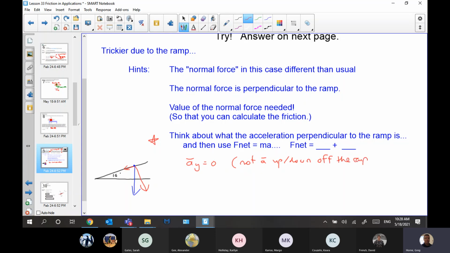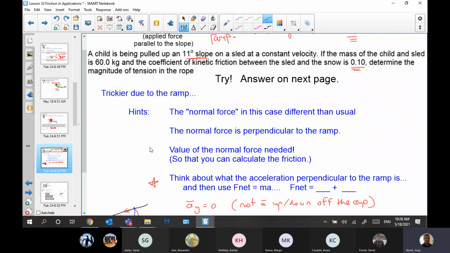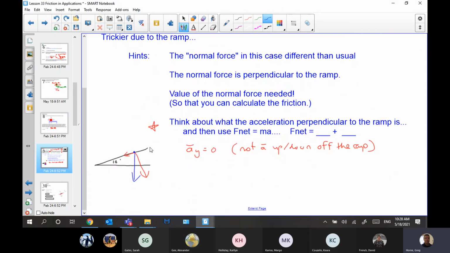So this thing, if it had any motion at all, would be accelerating up or down the ramp, not up or down off of the ramp. Now this thing actually has constant velocity anyways, so especially in this case, it's obvious there isn't any acceleration. But even if there was an acceleration down the ramp, for example, there would still be this. You'd still have no acceleration up off of the ramp.